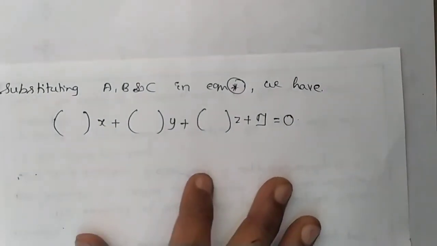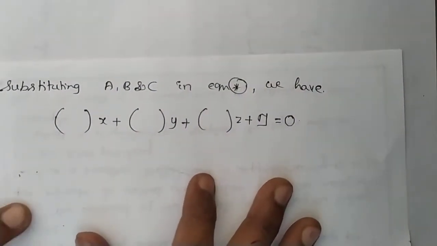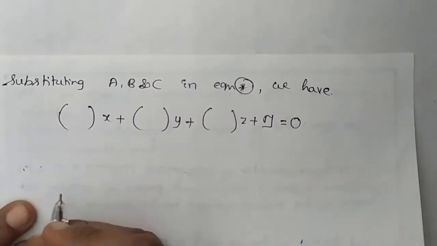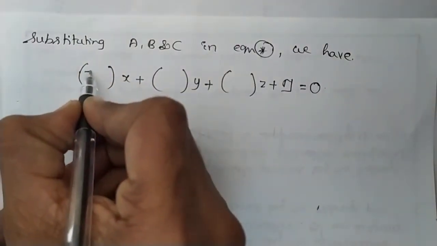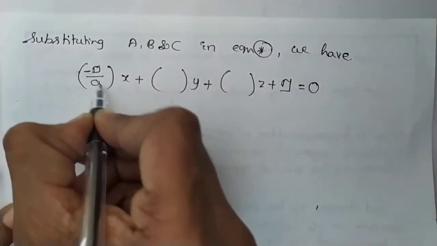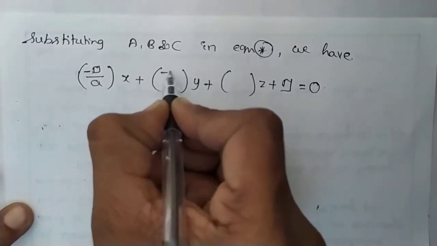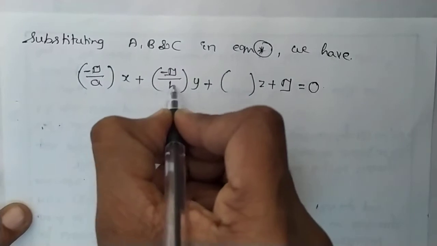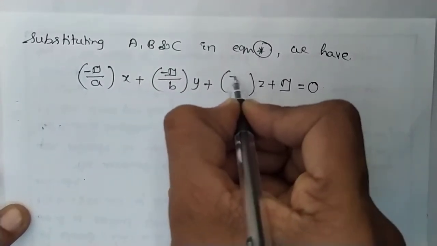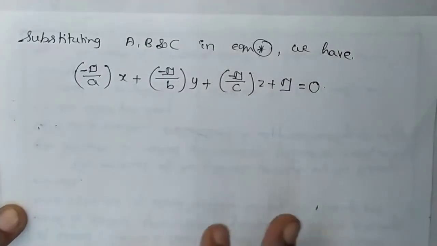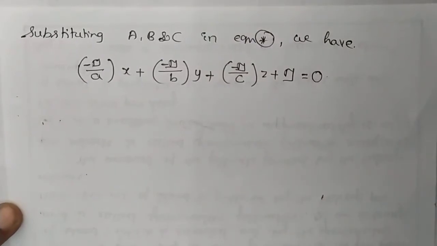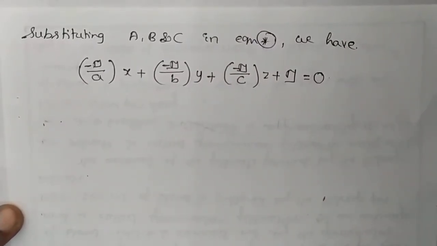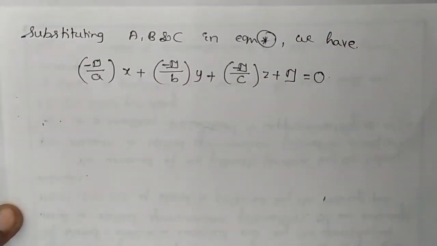In place of capital letters A, B and C, you just substitute minus D by A, minus D by B, minus D by C. Capital letter A, we have minus D divided by A. Capital letter B, we have minus D divided by B. Capital letter C, we have minus D divided by C. I am just substituting the values of A, B and C in the equation star.